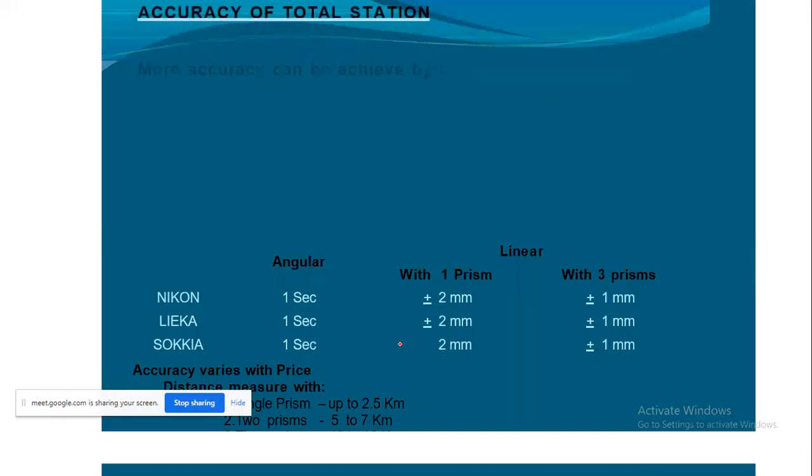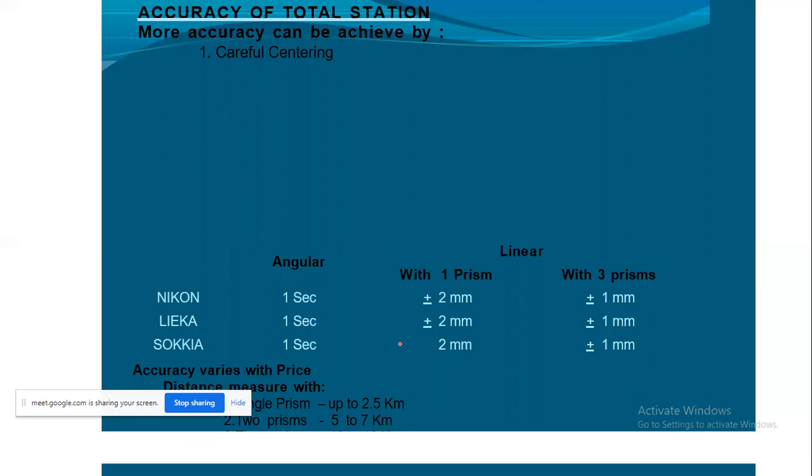Now, how are you going to maintain the accuracy of the total station? More accuracy can be achieved by careful centering. As I told you, more precautions are to be taken. It is not like handling the regular auto level, dumpy level, or theodolite.